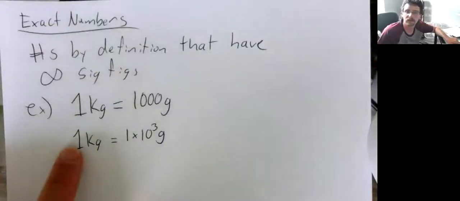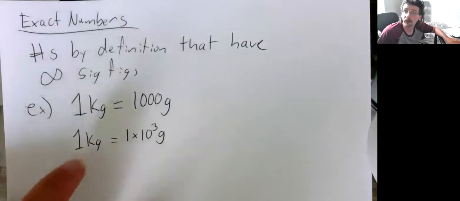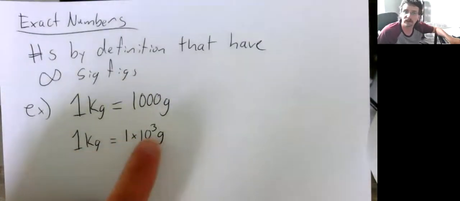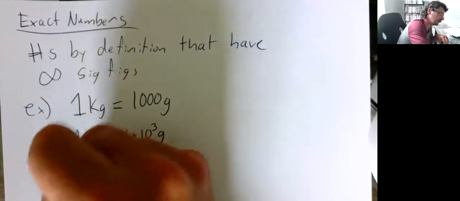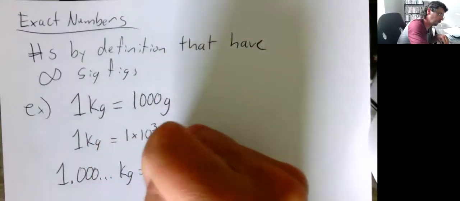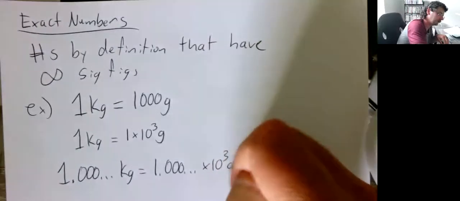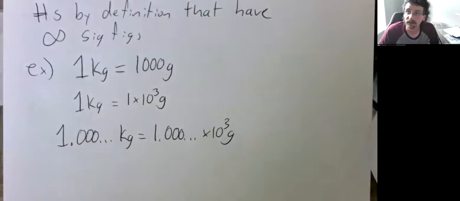Looking at these numbers, it looks like each of them has one significant figure, but knowing that exactly 1 kilogram is equal to exactly 1,000 grams, what this is really implying is 1.000 and so on kilograms is equal to 1.000 repeating times 10 to the third grams. So in reality, there's an infinite amount of significant digits in these numbers.